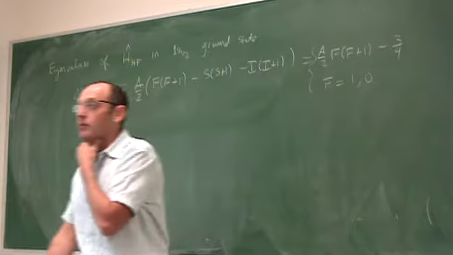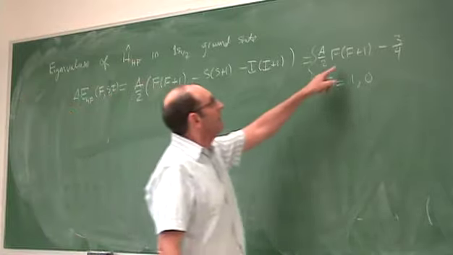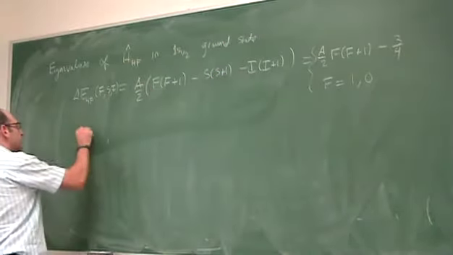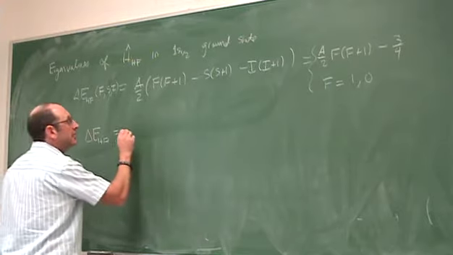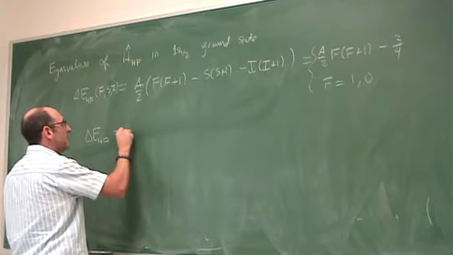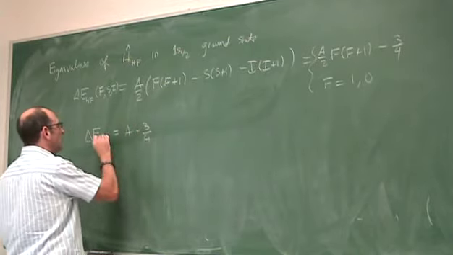So those are the possible values. And of course, there's degeneracy. And so, for F equals 1, we get A minus 3/4. So the shift is A minus 3/4 for F equals 1.